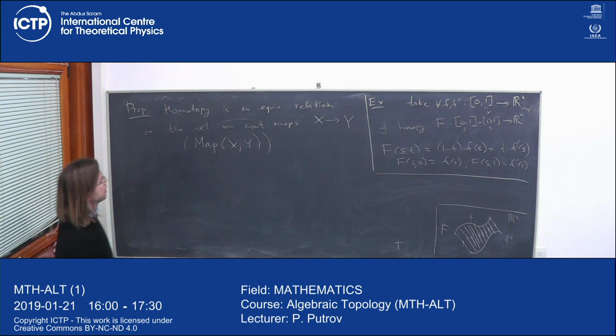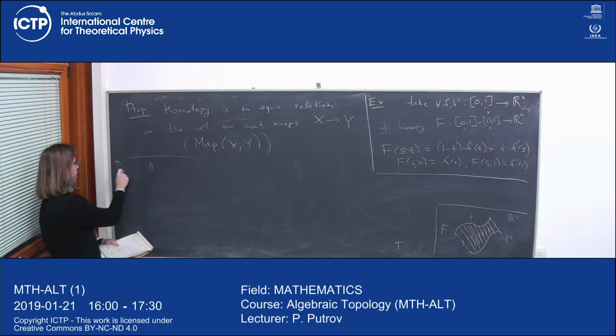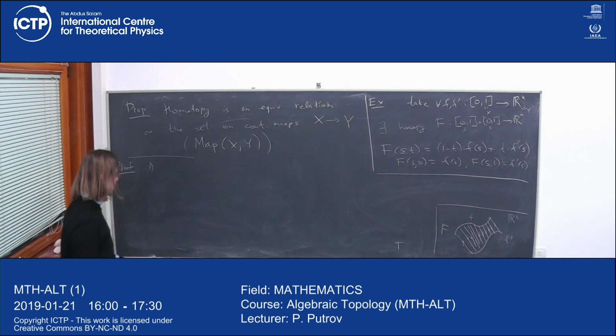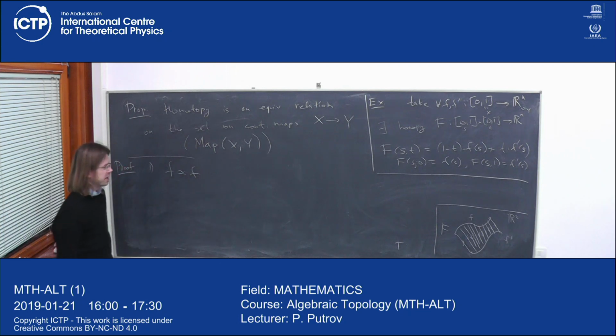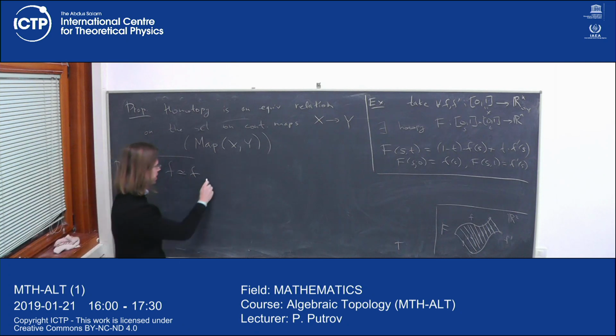In order to show that this is an equivalence relation, by definition we need to check the following properties. First, reflexivity: we want to show that f is equivalent to itself. It's easy to see.